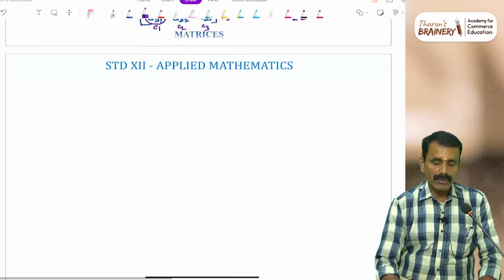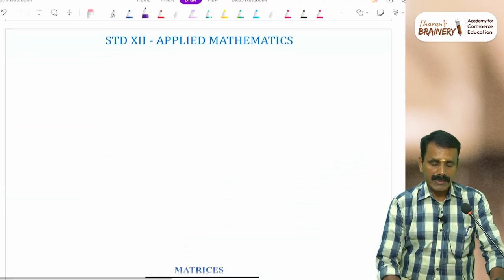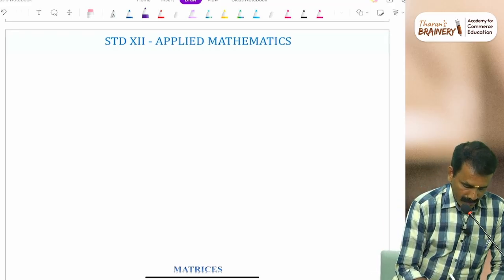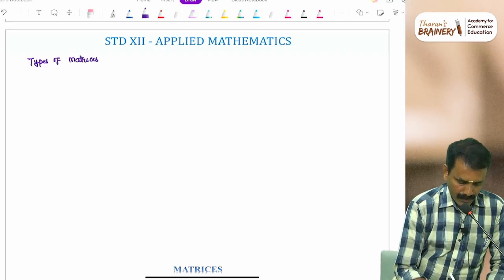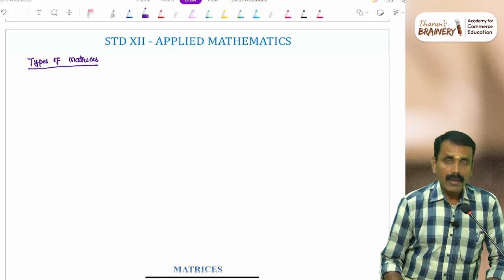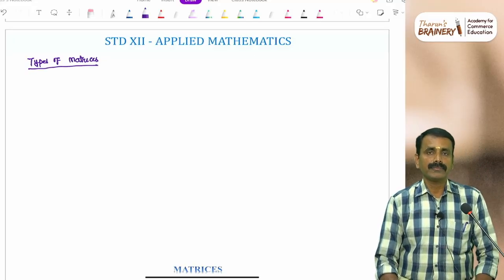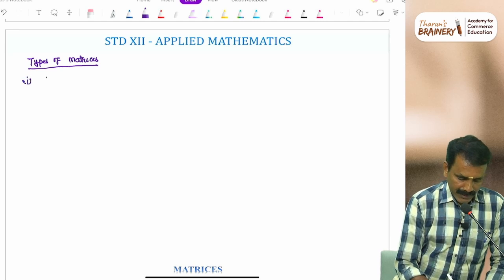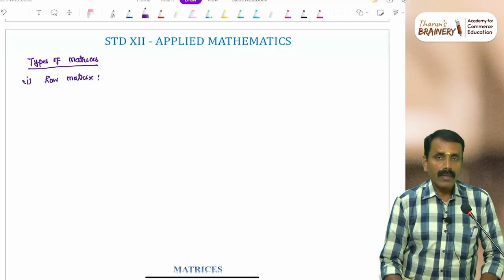Now we are moving into the types of matrices. First one, row matrix.